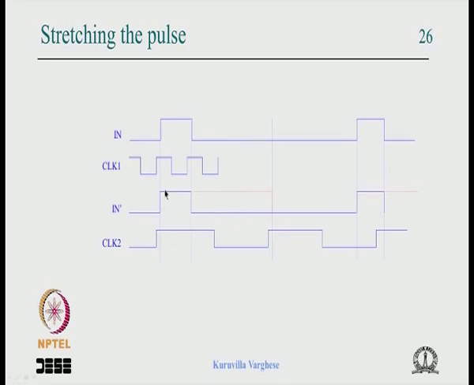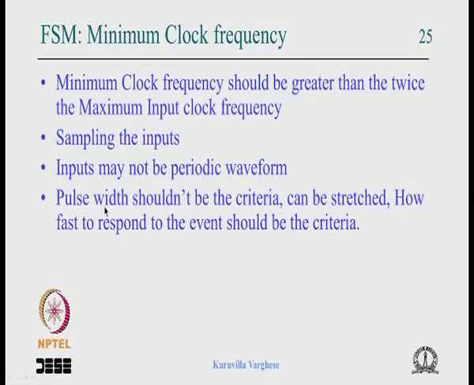We have to use a clock whose period is less than 50 nanoseconds, because after the input changes, within 50 nanoseconds the state machine should respond to it. Then the clock frequency should be chosen according to that requirement. So that is what is written here. The pulse width should not be the criteria, it can be stretched. How fast to respond to the event should be the criteria.